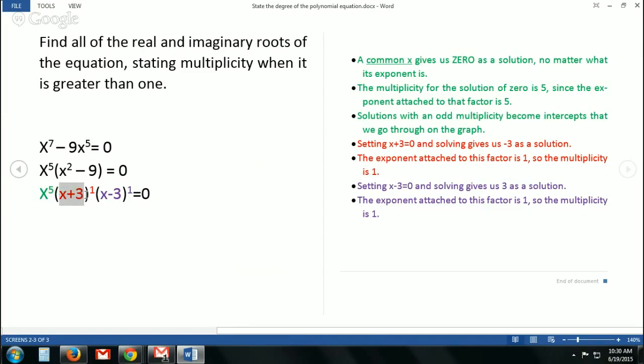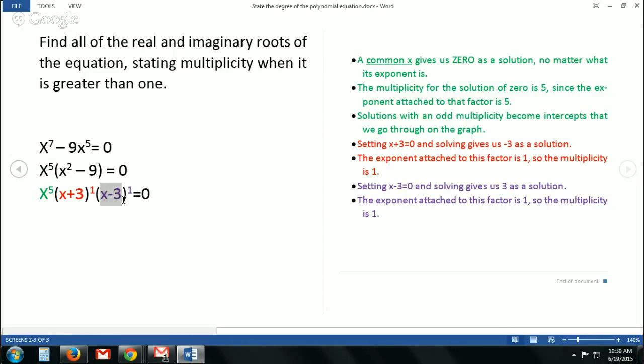Look at the next factor that we have, x plus 3. If we take x plus 3, set it equal to 0, and solve, we would get negative 3 as a solution. To find the multiplicity for negative 3, look at the attached exponent. It's again an exponent here of 1. So since we've got an exponent of 1, that means 1 is the multiplicity for negative 3 as a solution.